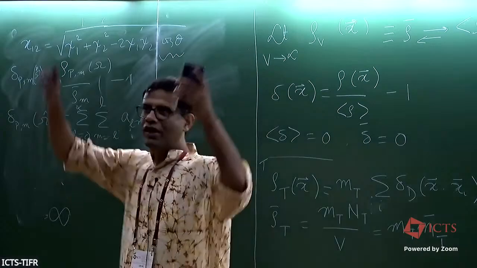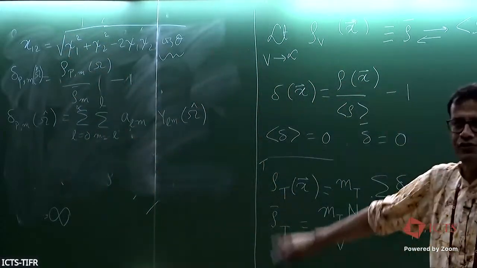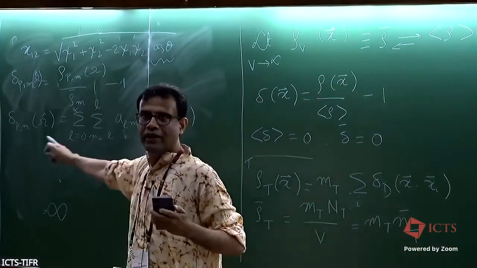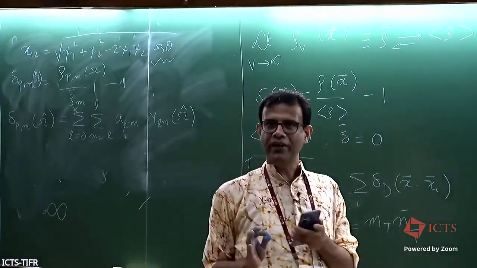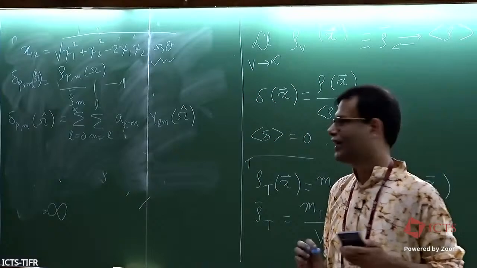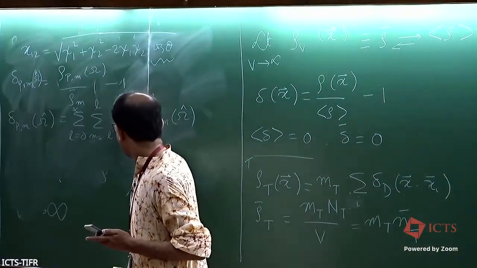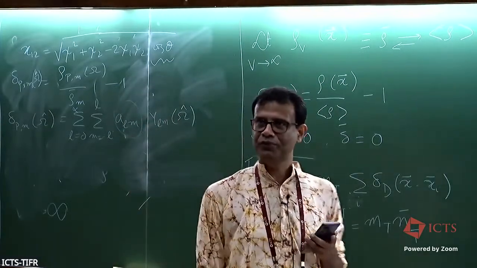Because you are dealing with something which is almost like a surface of a sphere, you are not going to expand this in terms of the standard plane waves, which is what we do for Fourier transforms. Rather, you do something like this, where the a_lm are now the equivalent of Fourier transforms.